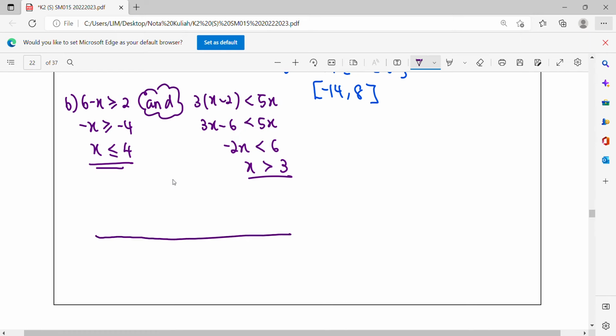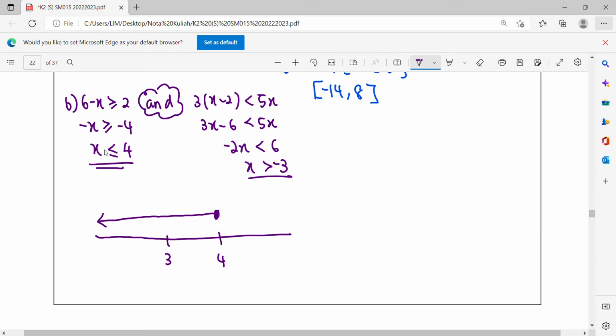For the first number line, we have two numbers here, which are 3 and 4. For the first number line here, less than or equal to 4, so it is a filled circle. Less than, move to the left. This one got negative, yes.